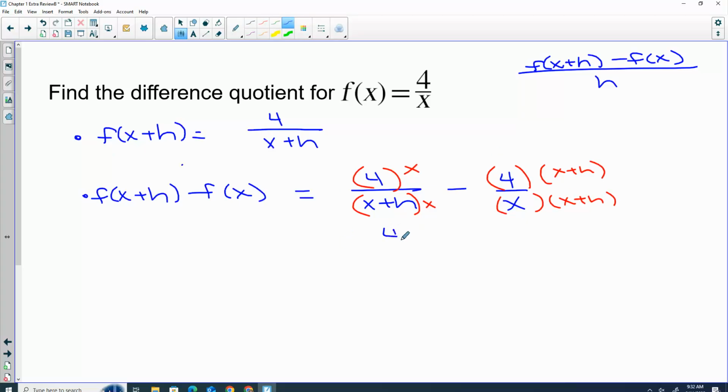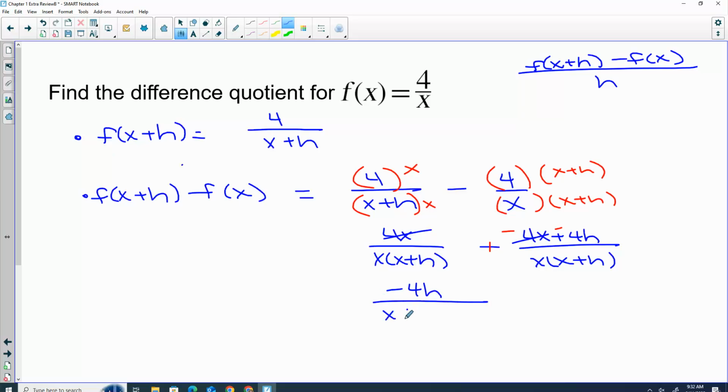So that gives me 4x over x times x plus h minus 4 times x plus h. Can I go ahead and distribute that? Say 4x plus 4h. So if we distribute our negative, the 4x's cancel, so we get negative 4h over x times x plus h.